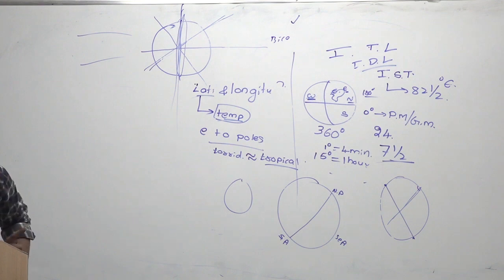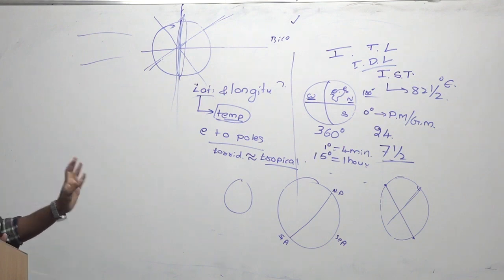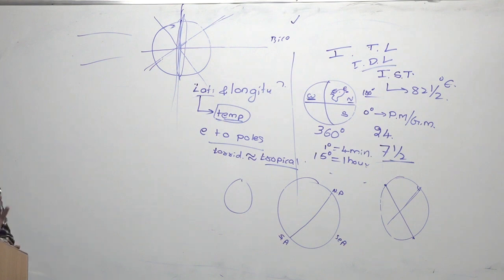Okay, so the first point, the major thing you have to take down from this is sunlight will definitely divide the earth into two equal halves. Great circle of illumination. Else it is very difficult.